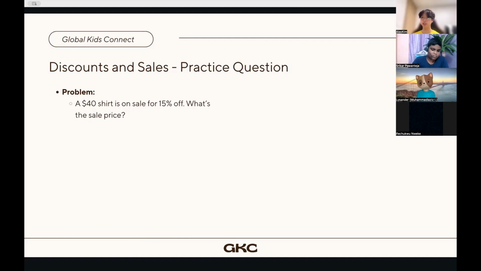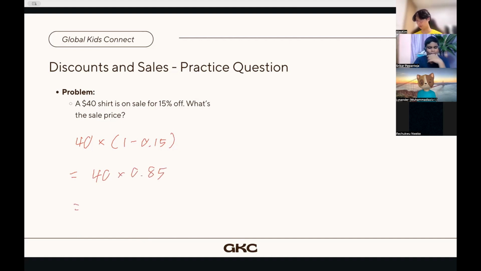Finding the sales price is actually easier because we just have to say that if a shirt is originally $40 and then it is on sale for 15% off, we can say that it is 1 minus 15%, which is 0.15. If we simplify this, we get 40 times 0.85, which equals, if we plug it into our calculator, 34.